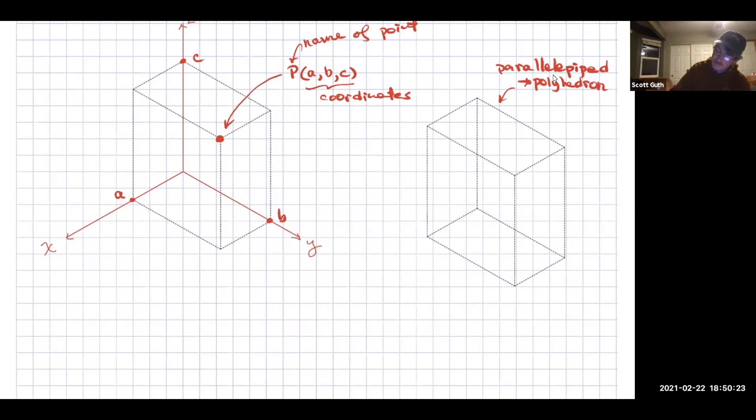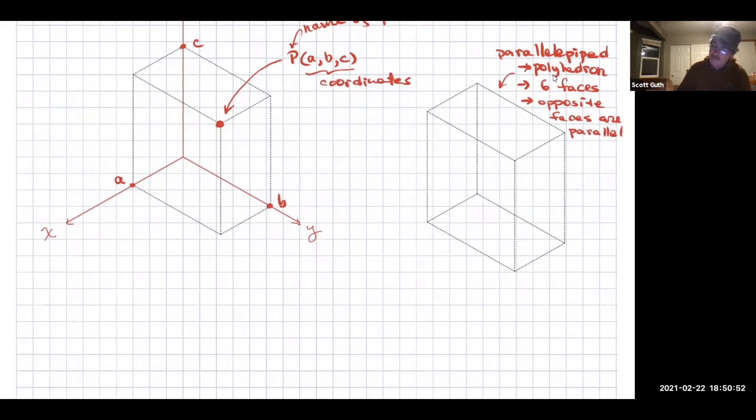It has 6 faces, and opposite faces are parallel. Okay, so just so you know what a parallelepiped is.